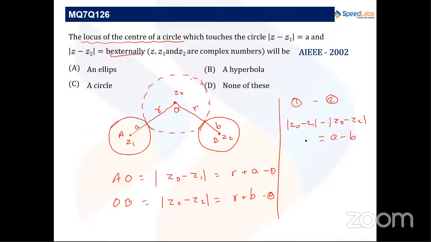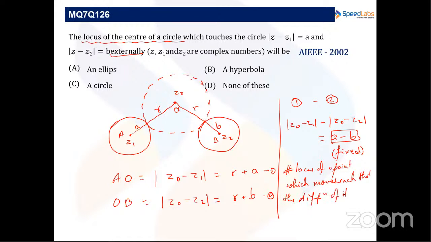Now here, Z0 is our point and the distance is fixed because A and B are given in the question. So can anybody tell me what is the locus of a point which moves such that the difference of its distance from the two fixed points is constant?